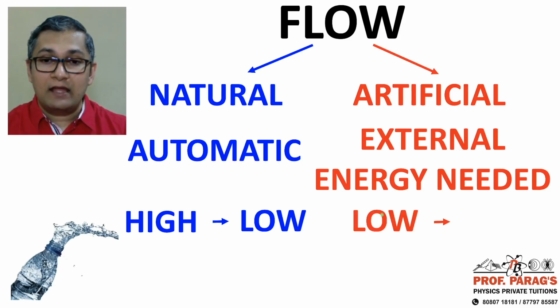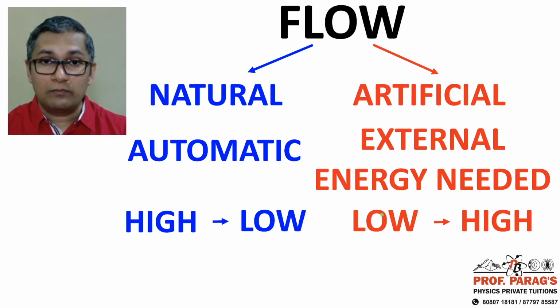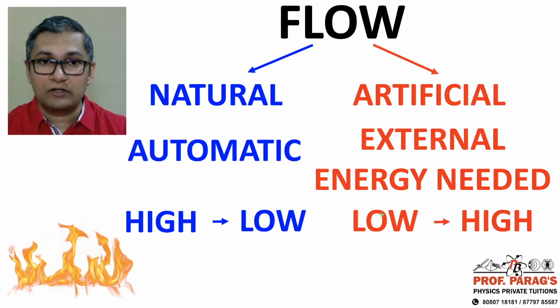And what about the low to high flow? Is that also possible? When you open the tap, where is that water coming from? That water is basically coming from the overhead water tank. And where did the water come from into the tank?